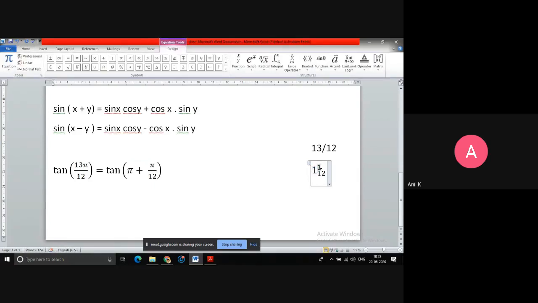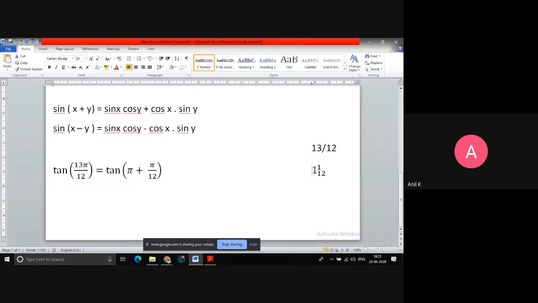The numerator also multiplies with pi because I have 13 pi. But here I have taken only 13 upon 12 just to see how it is going to happen. You can write this as 1 plus 1 upon 12.